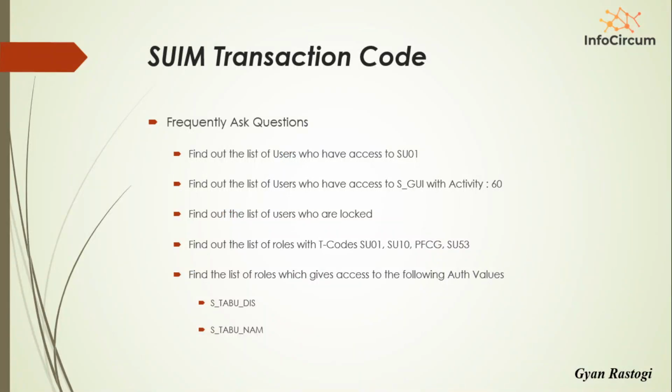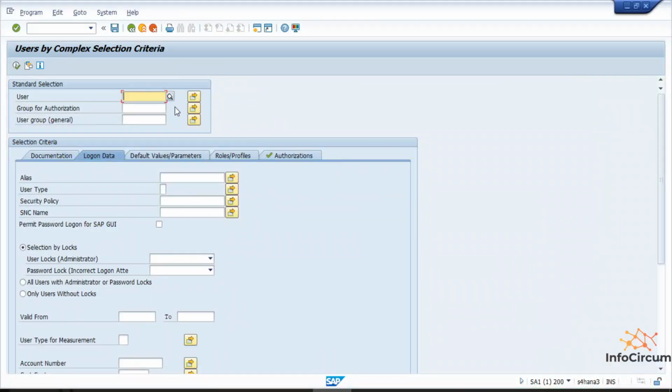Now the third question. Find out the list of users who are locked. Okay, so we can just go to this user lock. So we can find out the list of all the users who are locked by the administrator or who are locked with incorrect logon attempts. We can also find out all the users locked by the administrator or password locks, and we can also find out the list of users without locks as well.